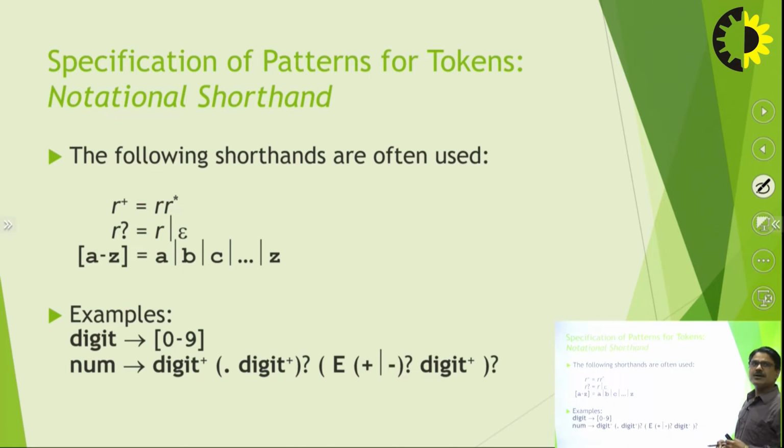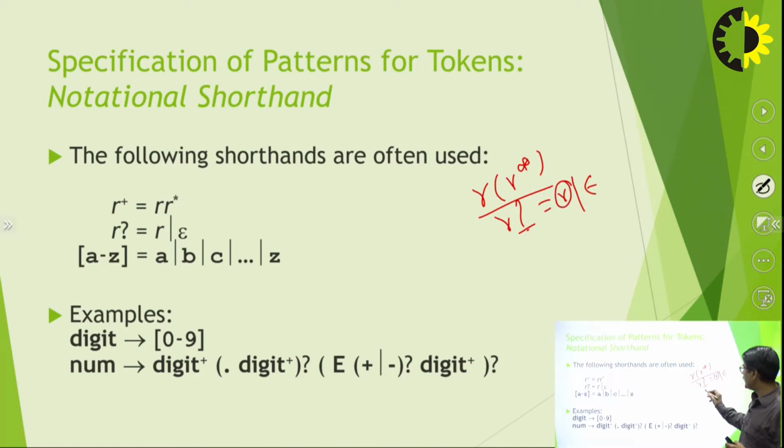Now, notational shorthands. These are some particular notations. For R closure, you can write R star, but if at least one length is required, that is R plus. R question mark equals R or epsilon, meaning it is epsilon or a single R. So these are abbreviations.